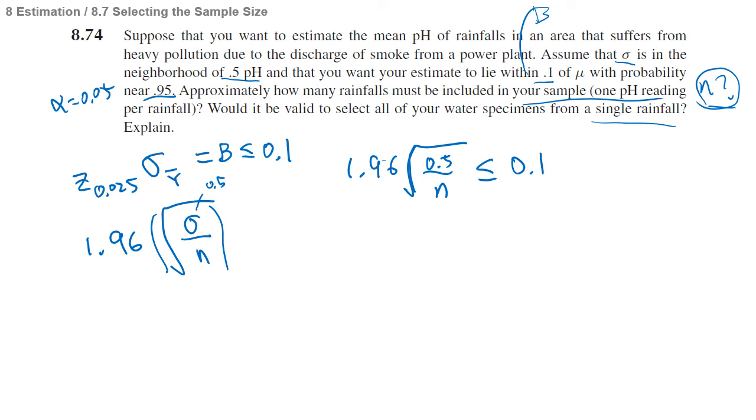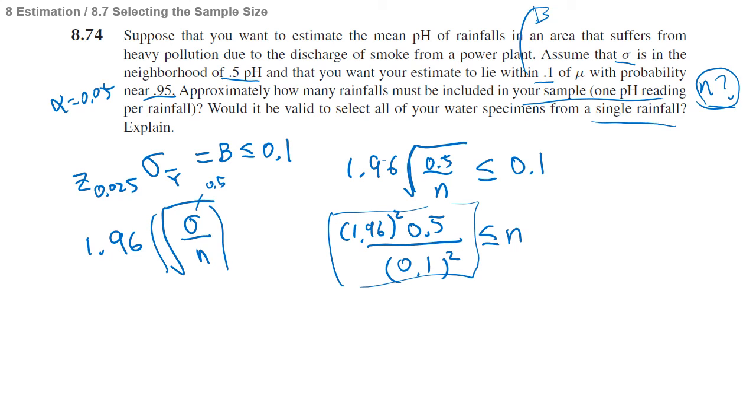So this becomes, and we move this to this side, n is greater than or equal to 1.96 squared times 0.5 squared over 0.1 squared. Actually, it is sigma squared, which is 0.5 squared, because sigma is 0.5, and in the formula this is sigma squared over n.